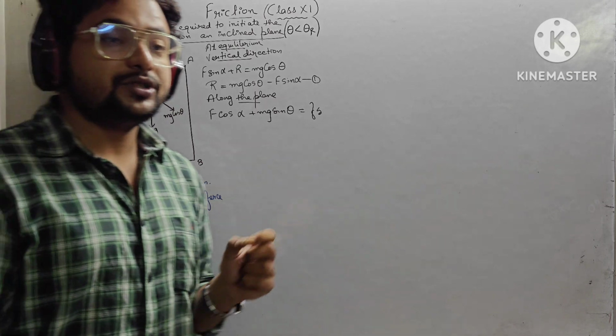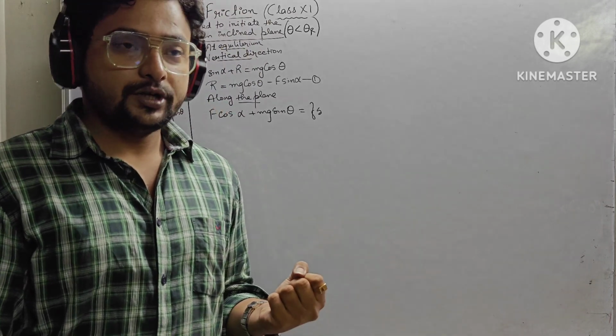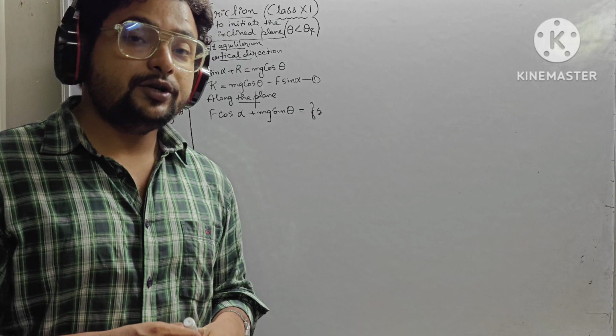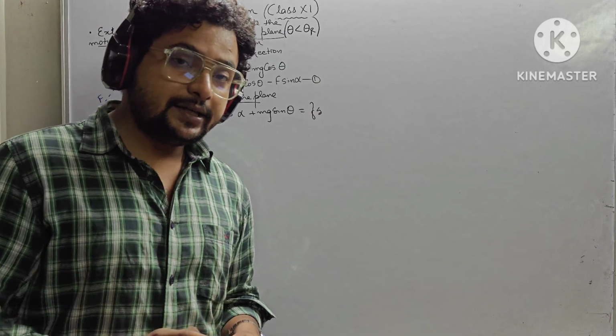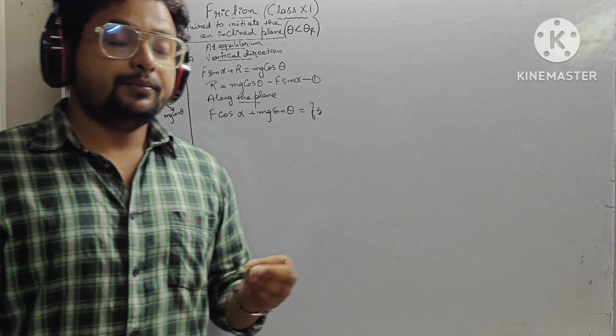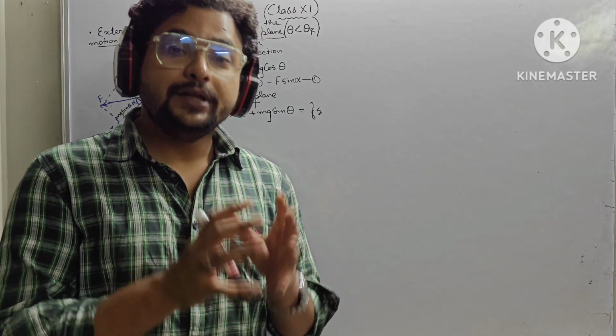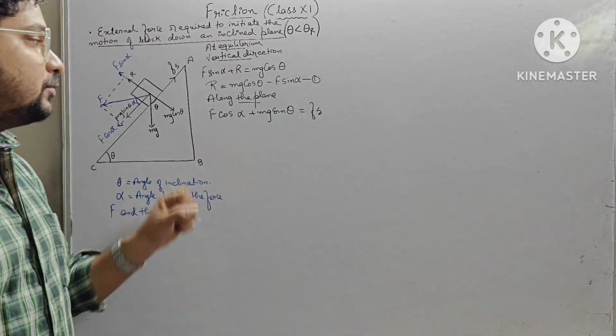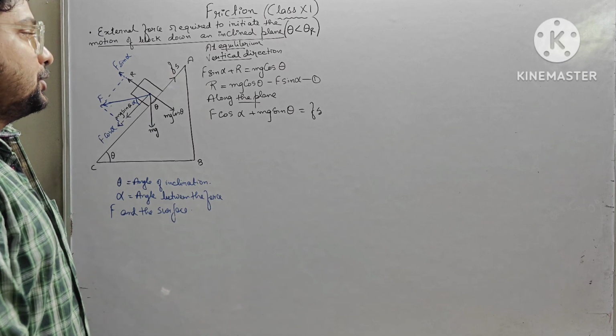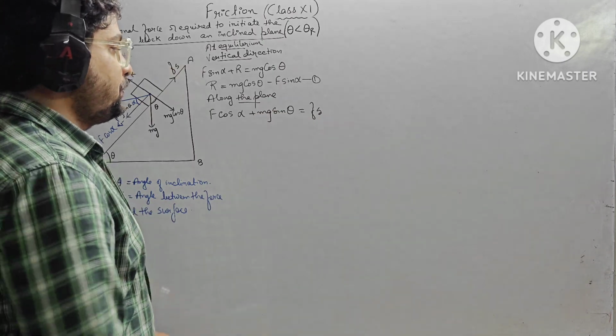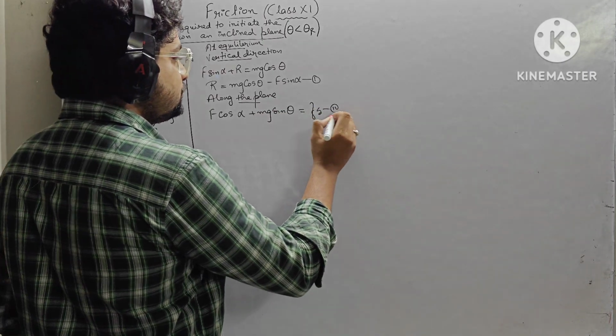That is the minimum force which I require to bring the block down. Remember, as I said earlier also repeatedly, the block has not yet started to come down. I am just calculating the minimum force which is required for the block to come down. Okay, so this is the frictional force. Suppose this is equation 2.